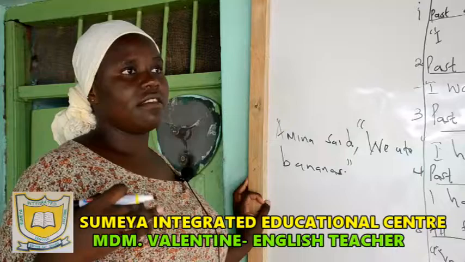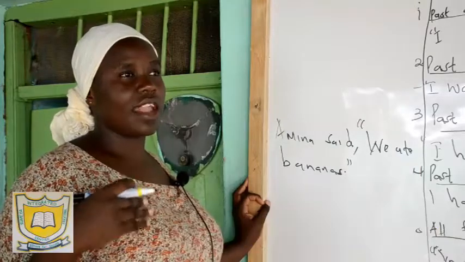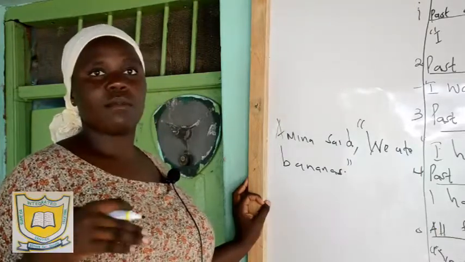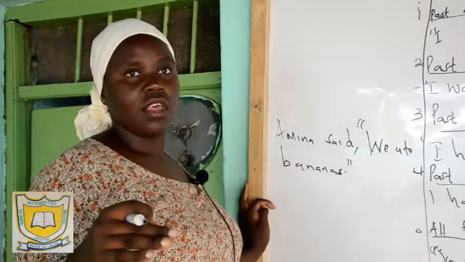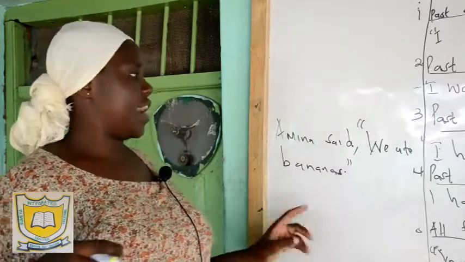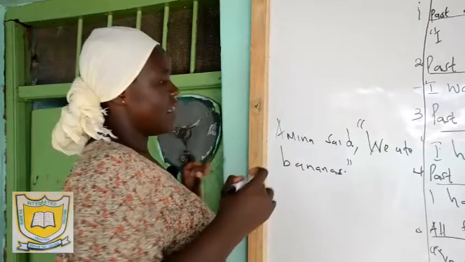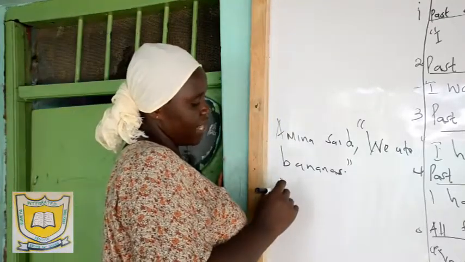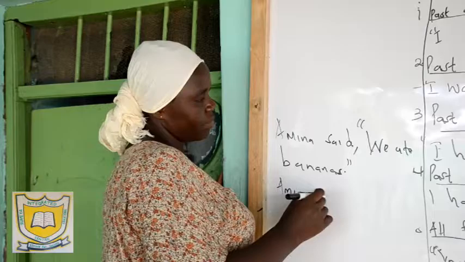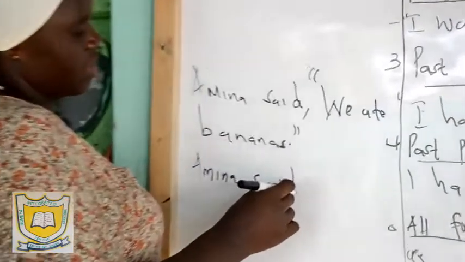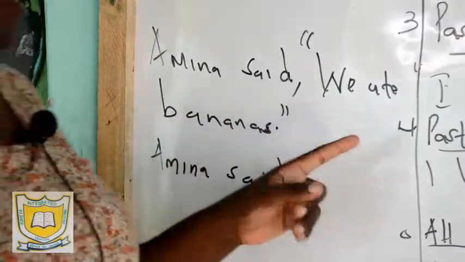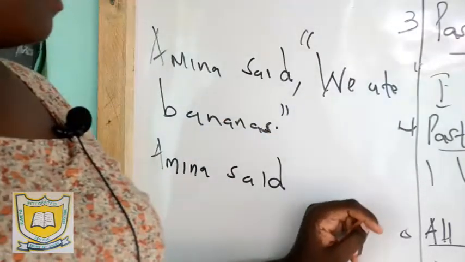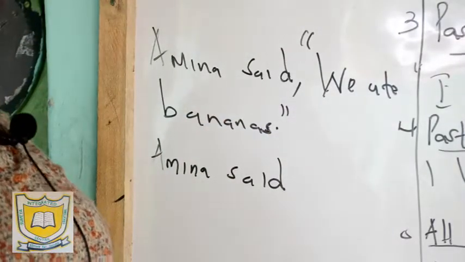And then I said there are some pronouns that are going to change from direct speech to indirect speech. If you have, for example, we ate bananas, I can say Amina said. This is the present simple tense, and the present simple tense changes to the present perfect.